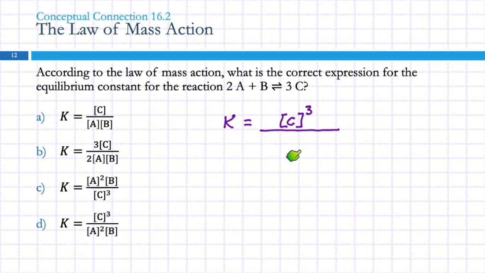And then we're going to divide by the concentrations of the reactants. So A and B. And the A needs to be squared, right? Because of this. Because of this too. So then we look for the one that matches up, and it's D. Any questions?